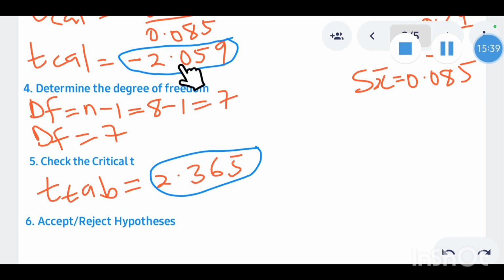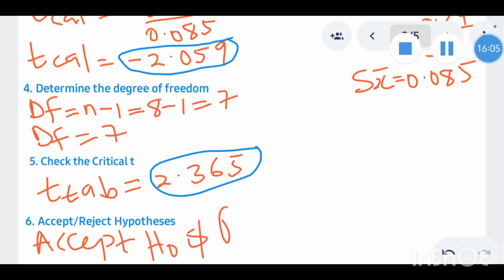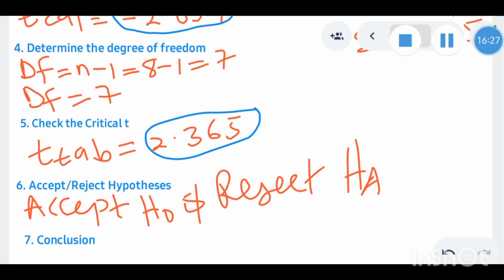Of course, 2.365 is greater than 2.059. So in this case, we accept the null, which is H naught, and reject HA, the alternative.